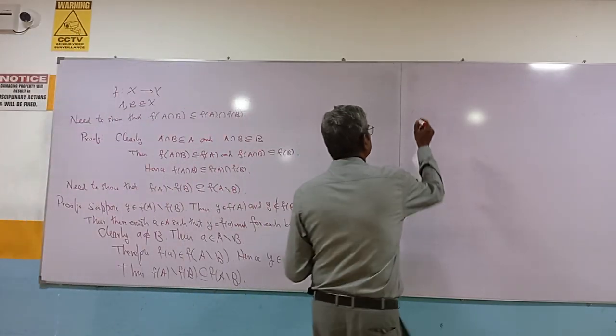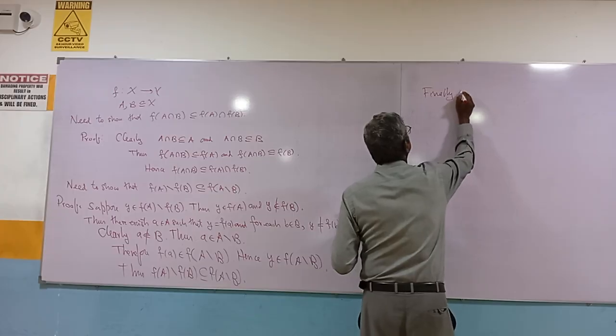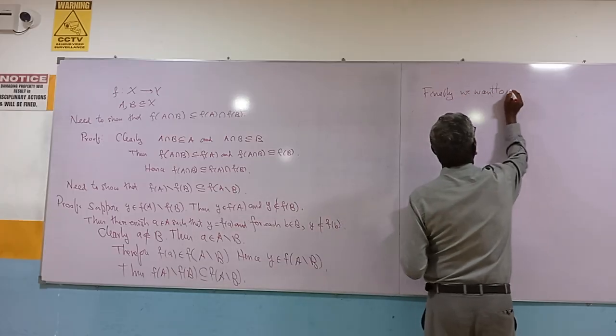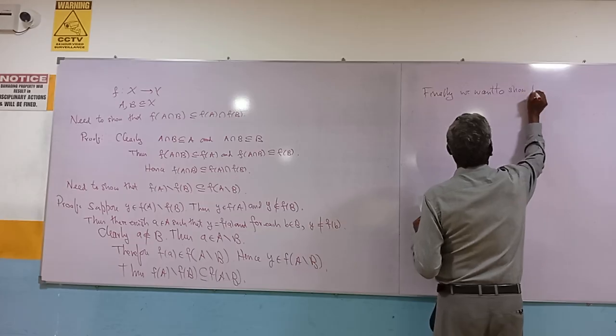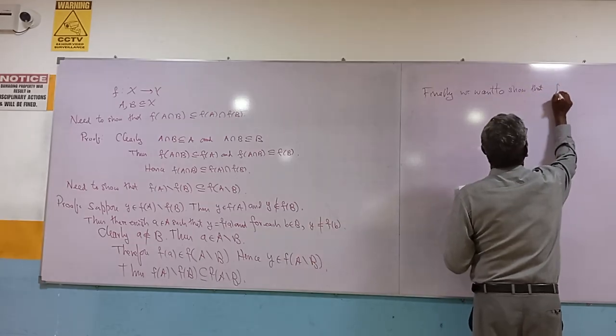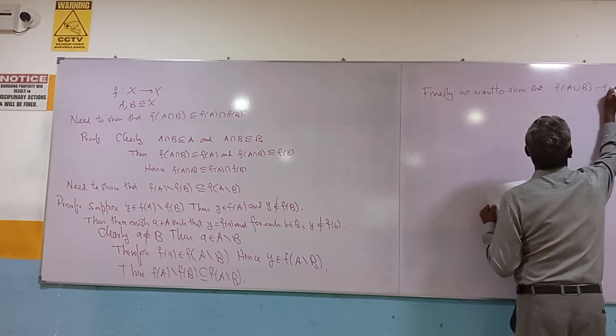Finally, we need to show that f(A union B) is equal to f(A) union f(B).